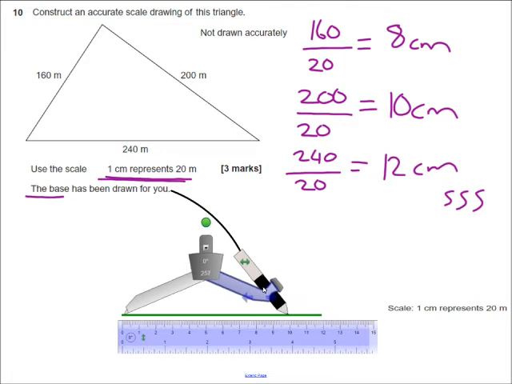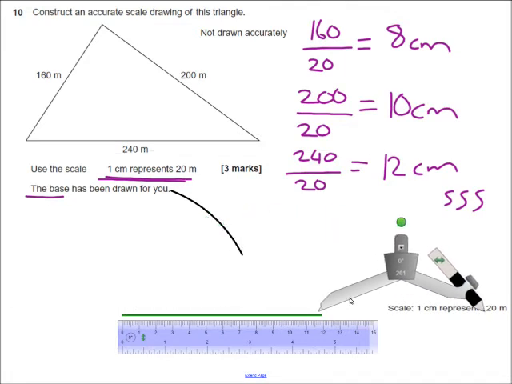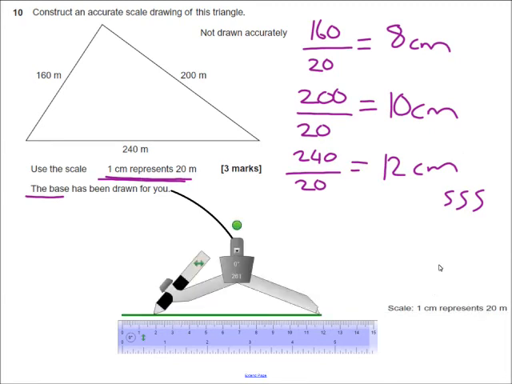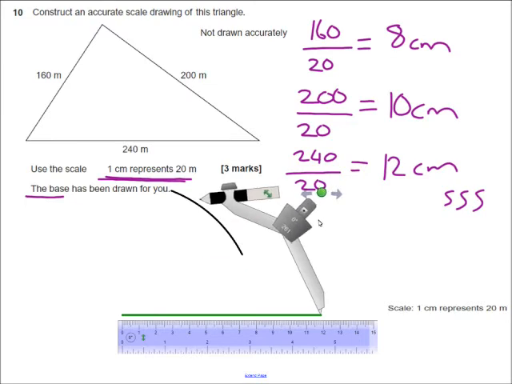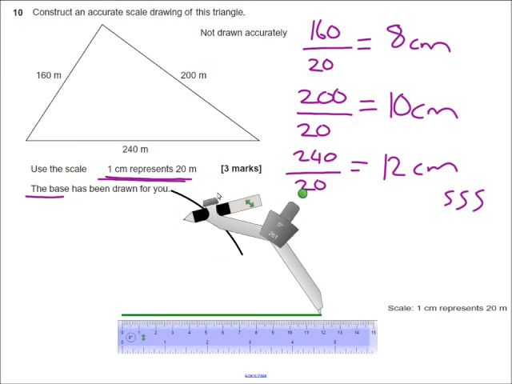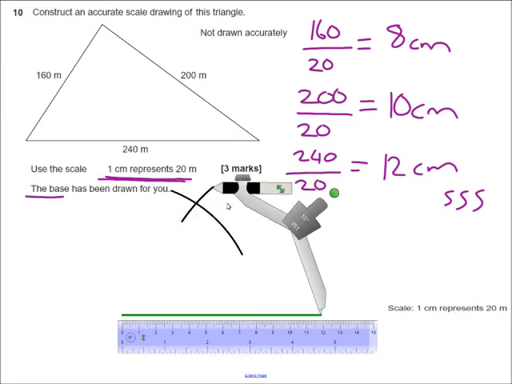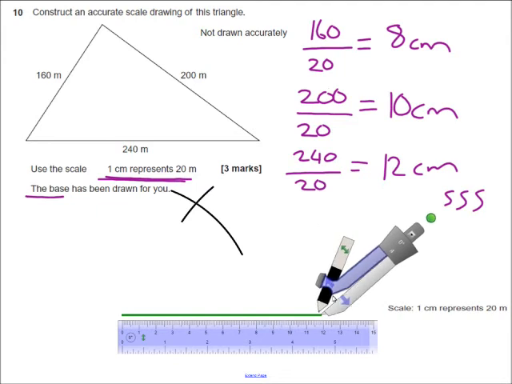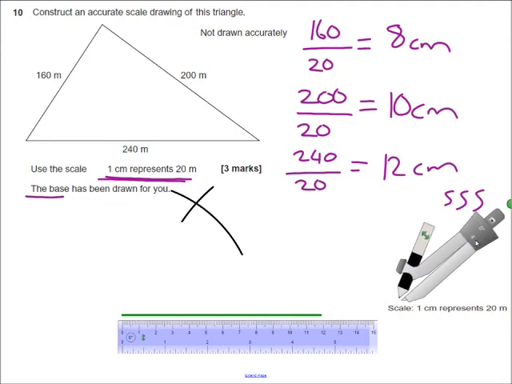So stretch your compass out to 10 centimeters, move the point to the other side, flip your compass around, and then draw the swoosh that cuts through your 8 centimetre line. And that's us done with the compass.